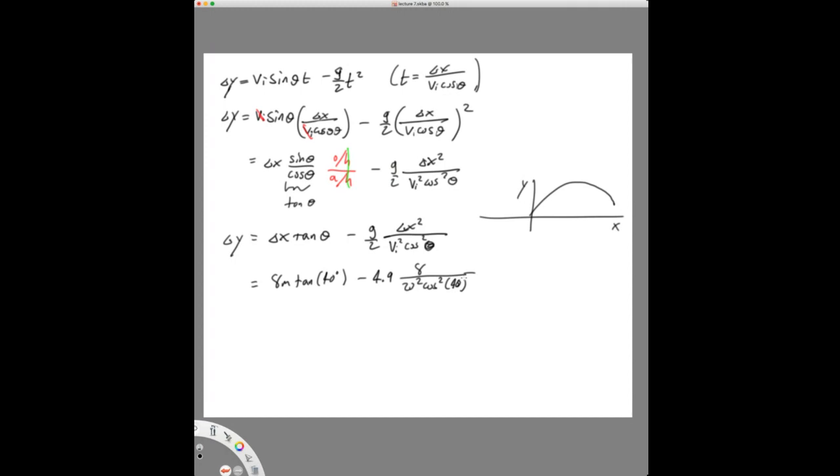So this is maybe even a challenging number to get on your calculator without making a mistake. So go ahead and try it on your calculator and see if you can get it. Oops, it should be 8 squared. 8 squared on top.